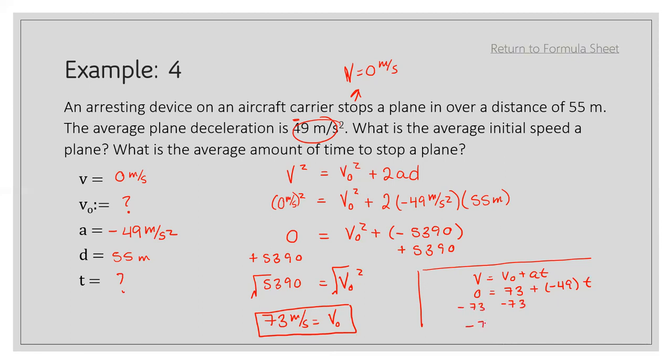So negative 73 is equal to negative 49 times time, divide by negative 49. Negative 73 divided by negative 49 gives us time equal to 1.5 seconds. So pretty straightforward.